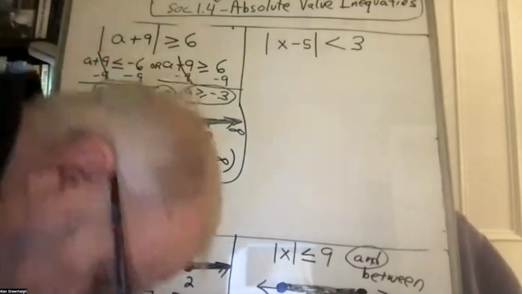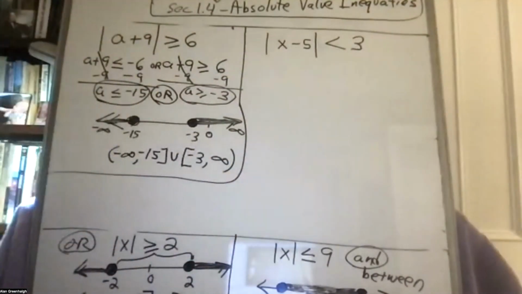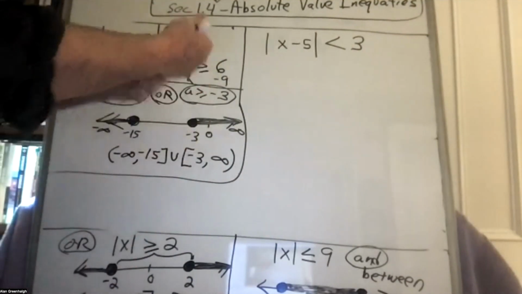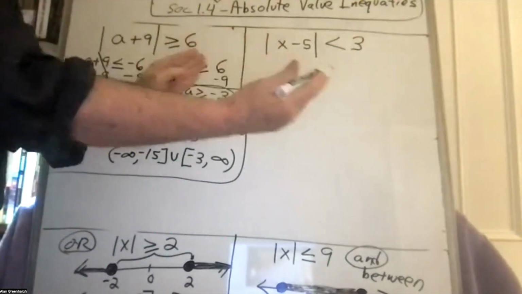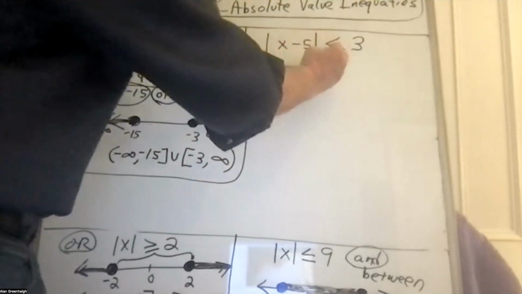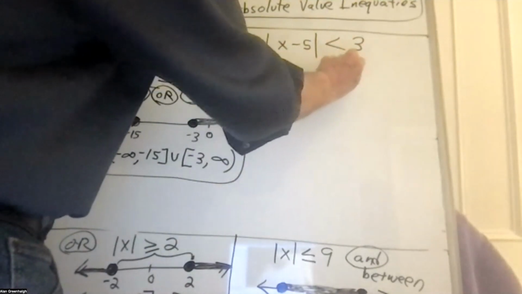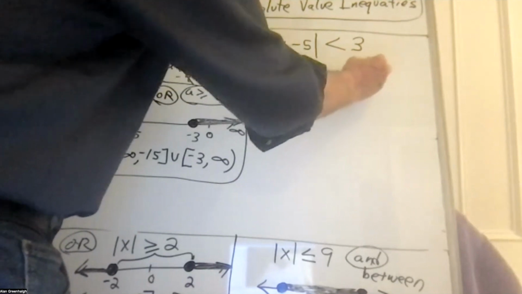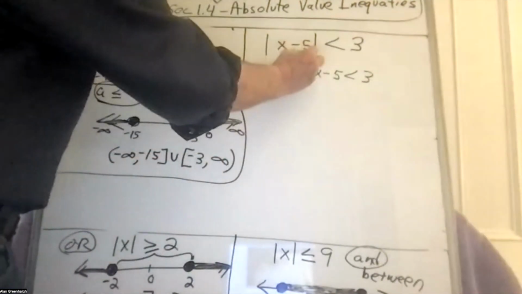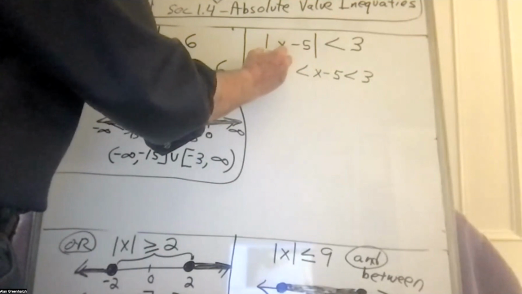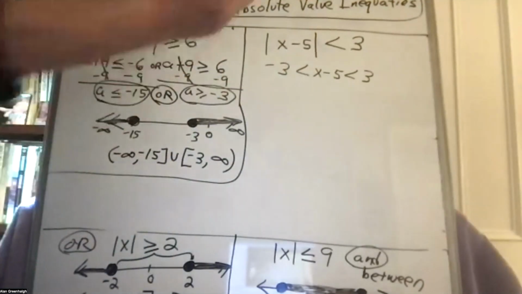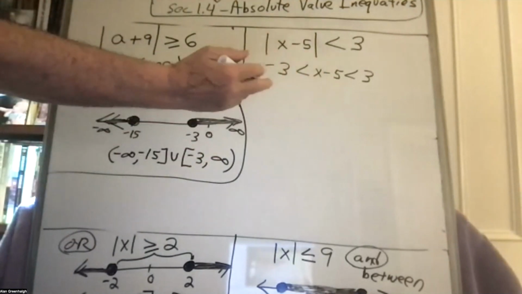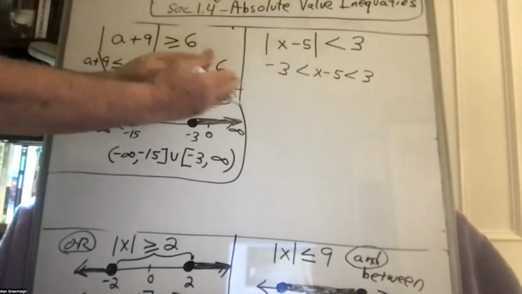And I just want you to look at that and focus on it. And now let's go over here. This is the and situation. In other words, coming together so that x minus 5 is less than 3, but at the same time greater than -3. And you could put them together actually, because you know that it's going to be in the middle.